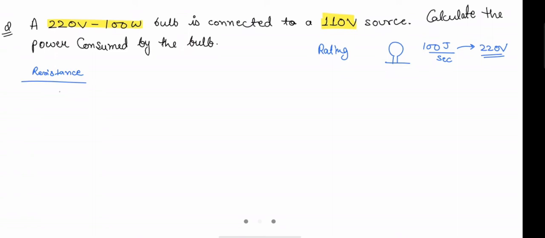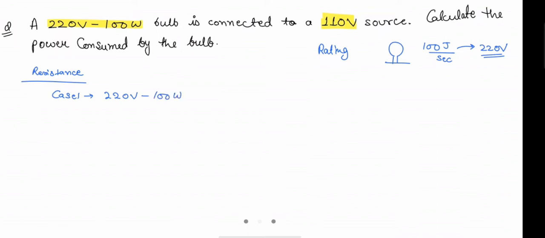Let's understand case 1. Case 1 is when the potential difference applied is 220 volt. Let's consider that case 1 is when you are giving the bulb 220 volt, and at that time the power it will be giving you will be 100 watt.